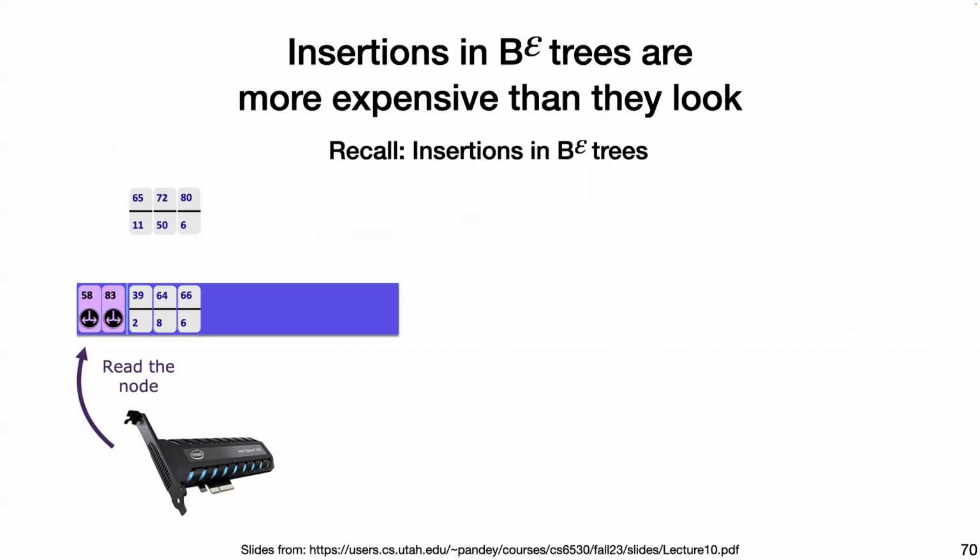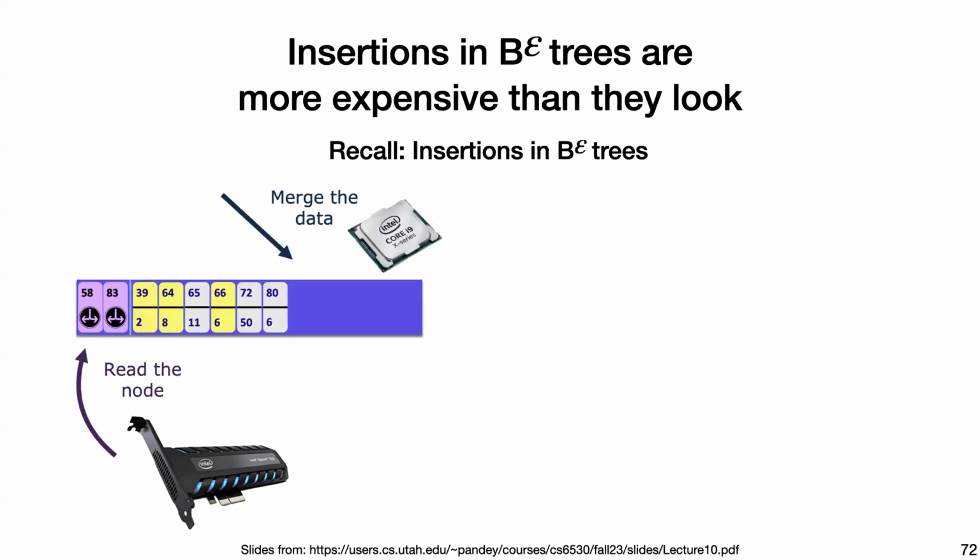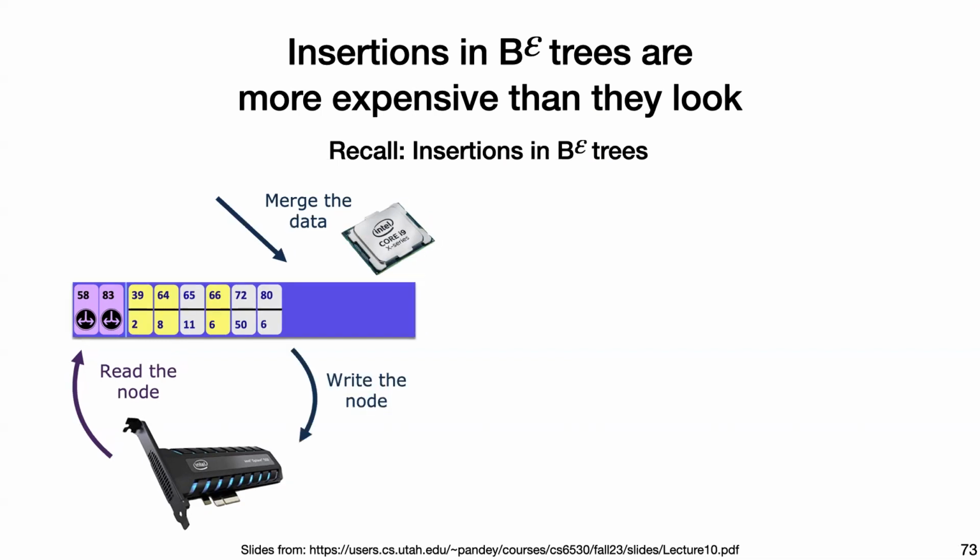Well, first you have to look at your node, and then you have to put the elements into the node. So we're going to merge those new elements into your buffer. Like that. And here yellow means that they had to get rewritten. And I guess here we're maintaining them in sorted order. So those are things that had to get shifted and written when you did this merge. And again, then you have to write this node back.